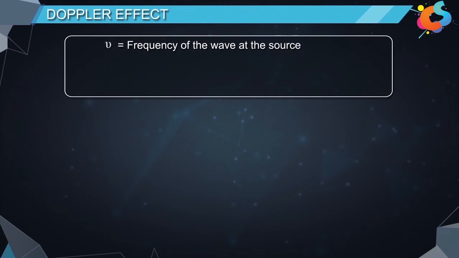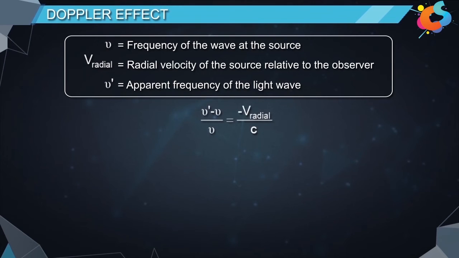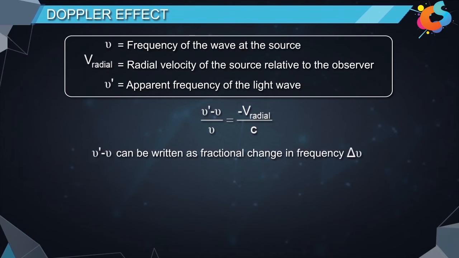If ν is the frequency of the wave at the source, and v_radial is the radial velocity of the source relative to the observer along the line joining the source to the observer, then the apparent frequency of the light wave ν' is given by (ν' − ν)/ν = −v_radial/c. Here, ν' − ν can be written as the fractional change in the frequency, that is Δν.